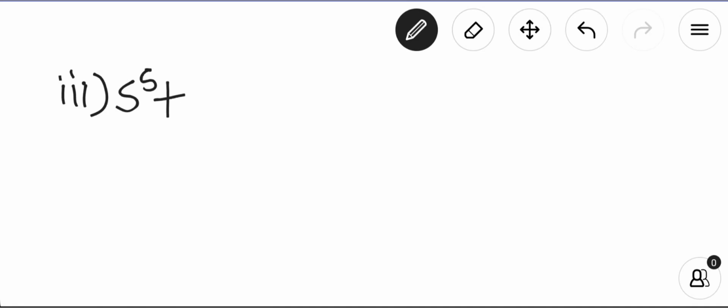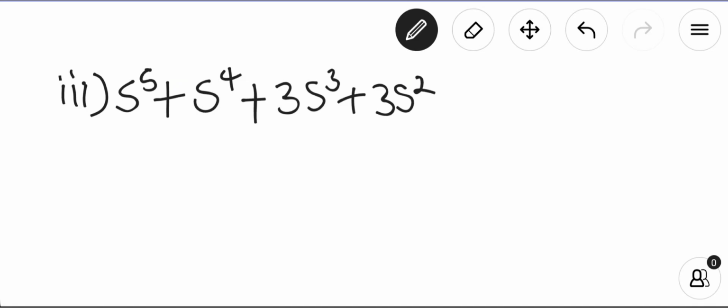S to the power 5 plus S to the power 4 plus 3s cubed plus 3s squared plus 15s plus 10 equal to 0.